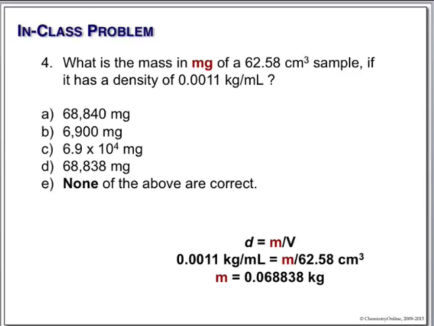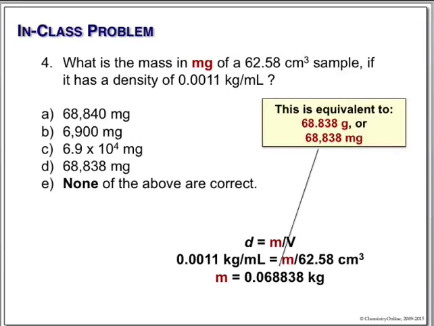Remember our simple density, our simple unit conversions. 1 kilogram is 1,000 grams, right? 1 gram has 1,000 milligrams. If we do our conversion here, this is the same as 68 grams.